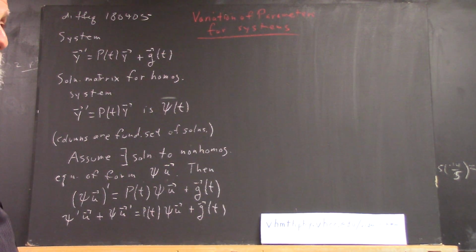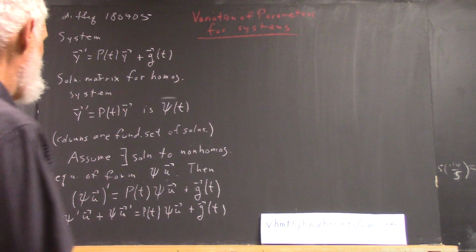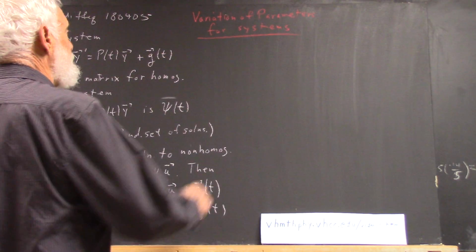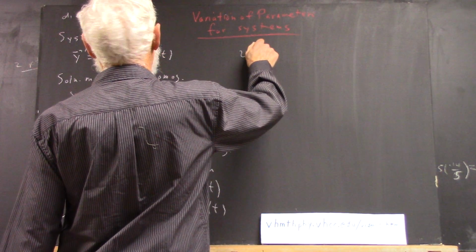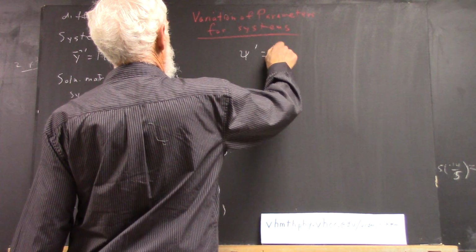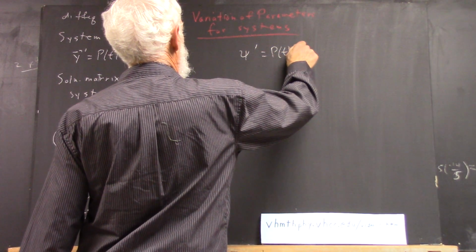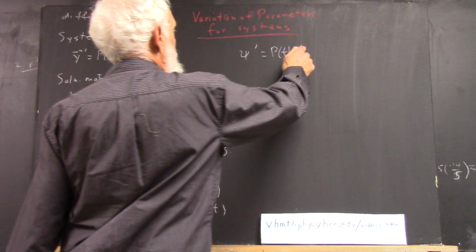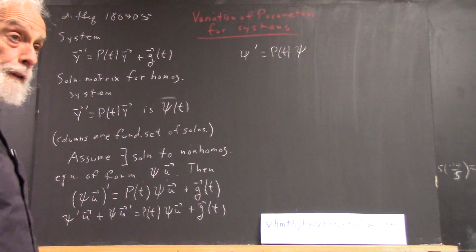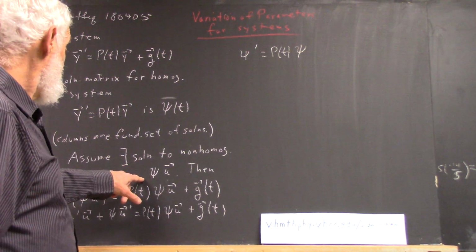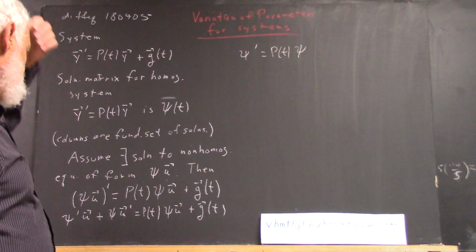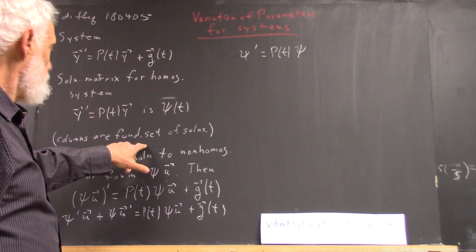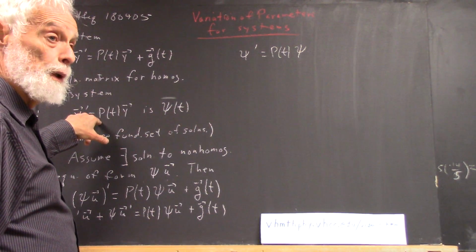Now, psi prime equals p of t psi, doesn't it? Because that's what it means for psi to be a solution to this equation.